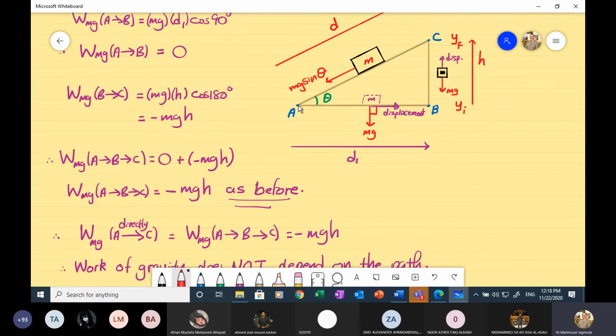does the work done by the weight, which is the force of gravity, depend on the path? We've taken this path and we have taken another path. Does it depend on it? No. In both cases, the same work was done. This is the property of a conservative force. Even if you go along this path, like this, the same amount of work will be done.